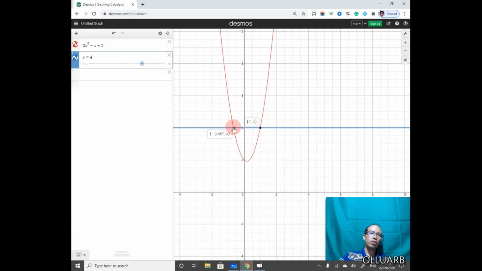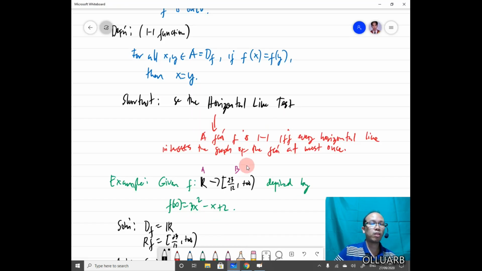There are two values, so this means that this equation 3x squared minus x plus 2 is not one to one. Okay, this function defined by the equation y is equal to 3x squared minus x plus 2 is not one to one.